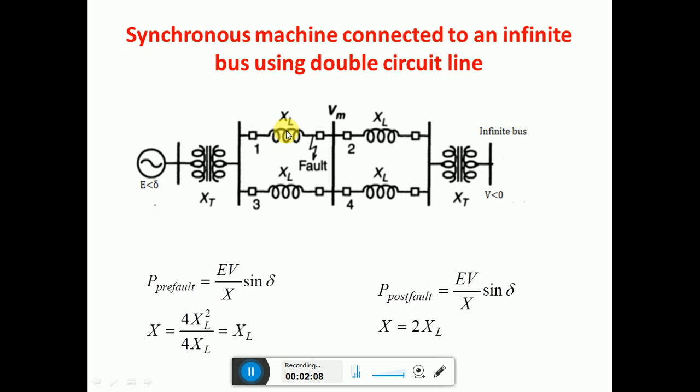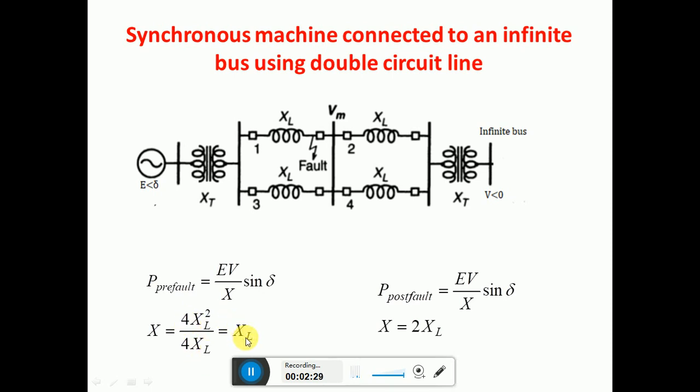These two lines each have a reactance of 2XL. So what will be the total reactance? The equivalent reactance will be X equals this, which ultimately gives us XL.